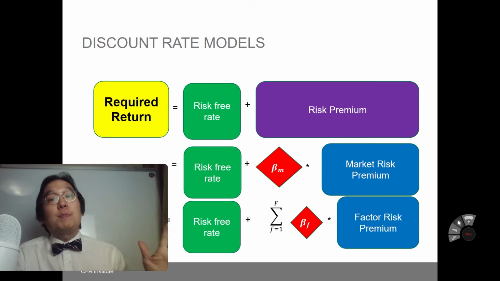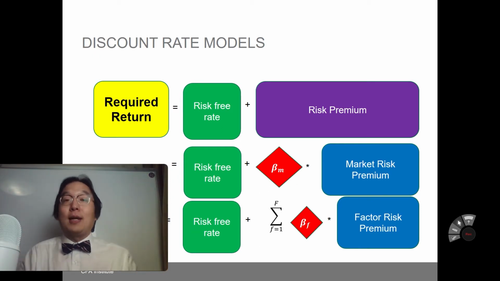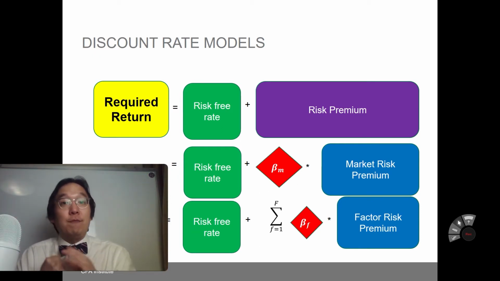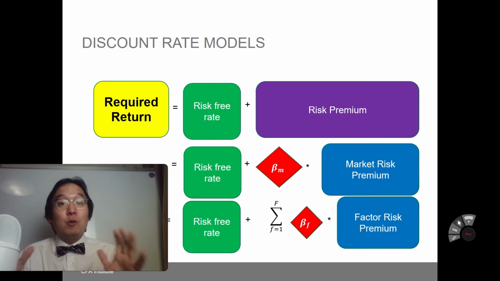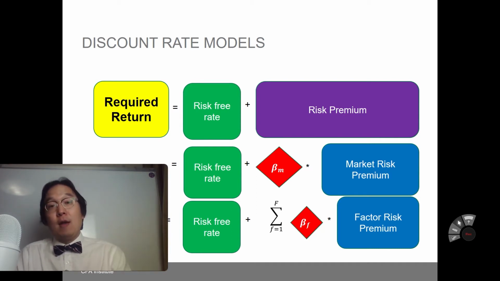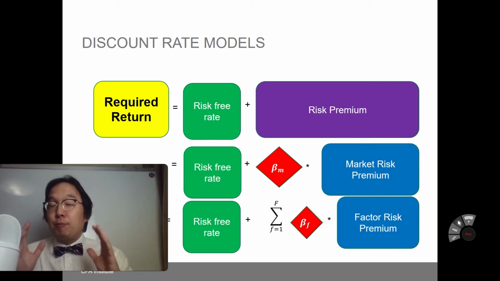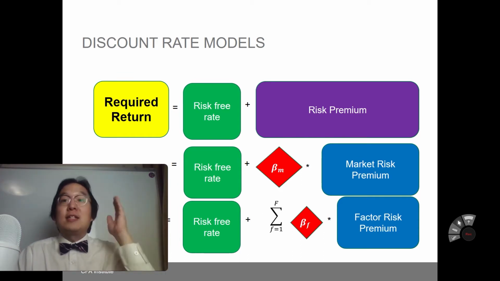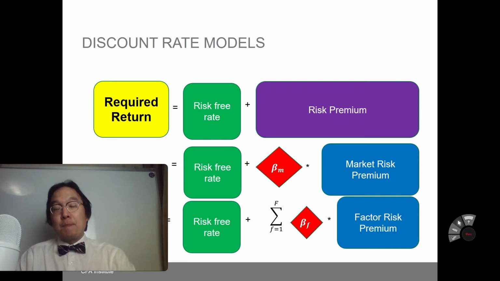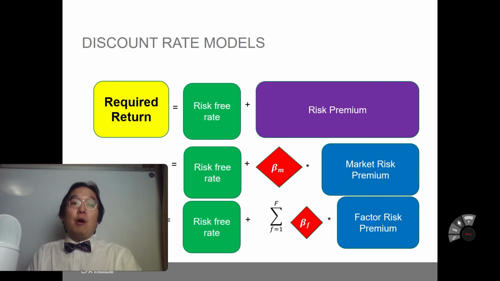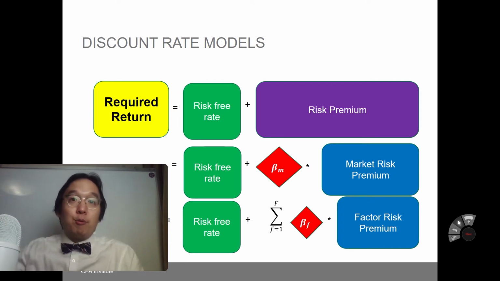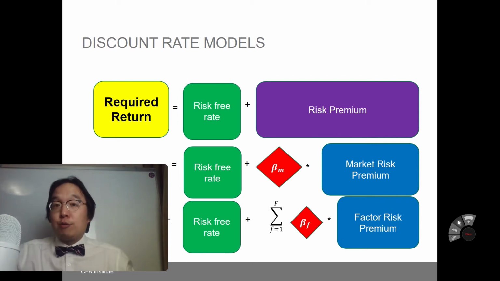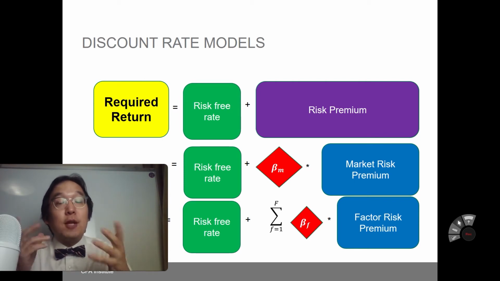From the perspective of the investors in the capital market, I have $1 million to invest. I don't want to waste it. So if I'm going to put my money into your project or your company over the next 1 year, the first alternative I can think about is a risk-free investment. Put my money into the Treasury market, US Treasury or Korean Treasury or whatever risk-free market.